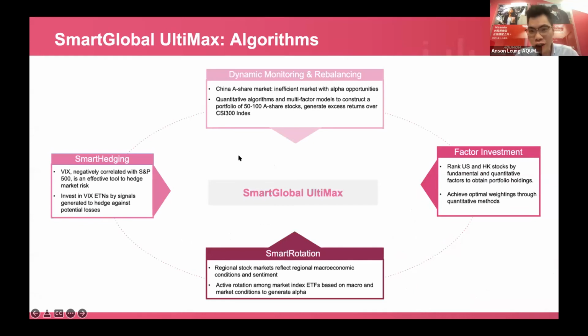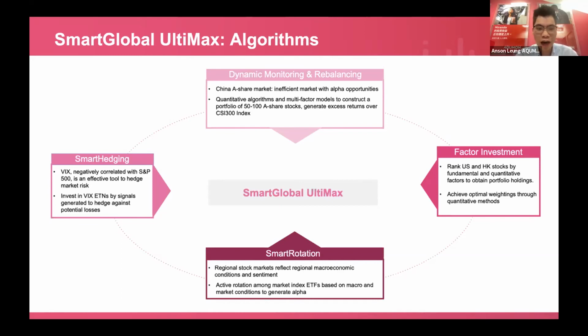So digging into the portfolio details, of course, we have utilized a lot of our in-house invented algorithms. As I mentioned, it is an upgraded version of the Smart Global Max portfolio, so it embeds 4 core investment algorithms or strategies. The first one is the smart hedging strategy, which provides a hedging function against the major market.